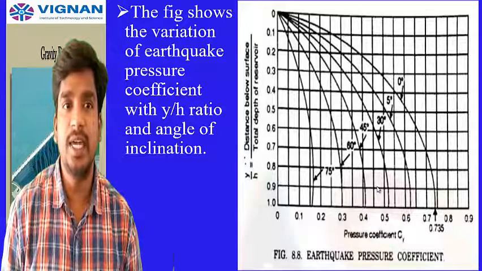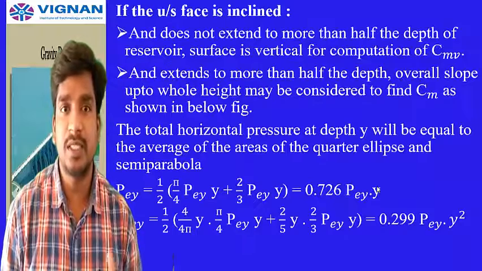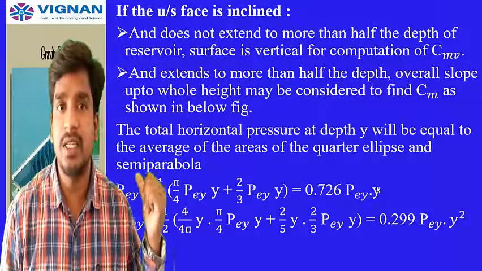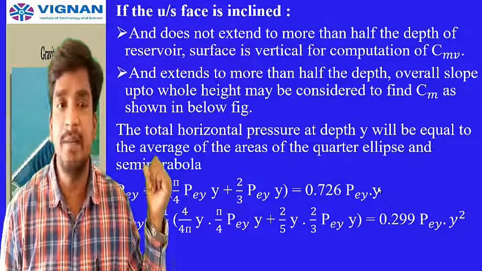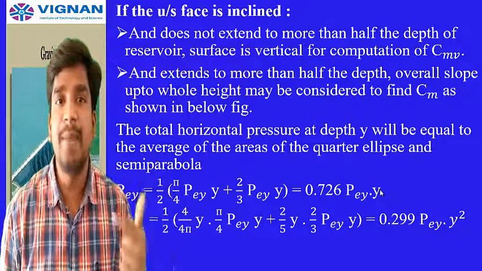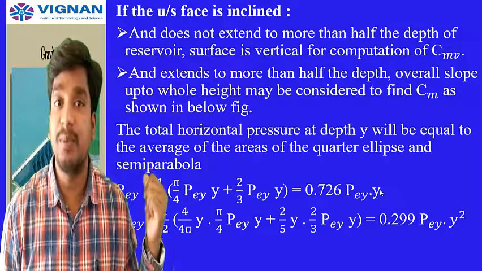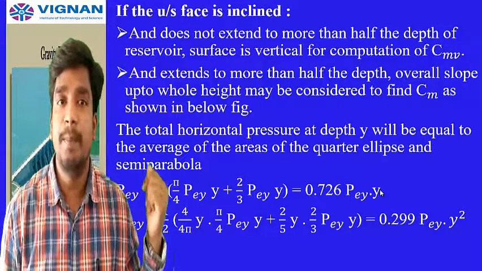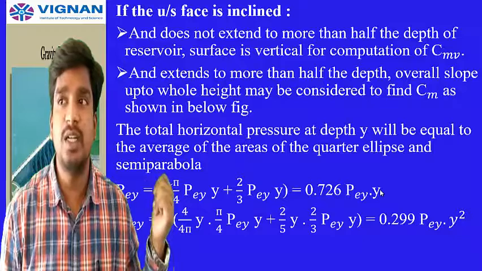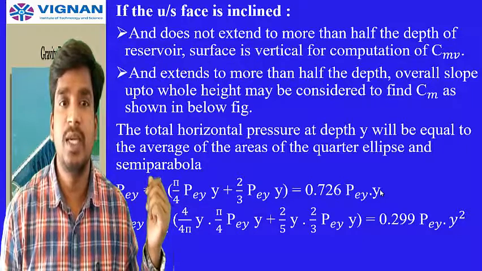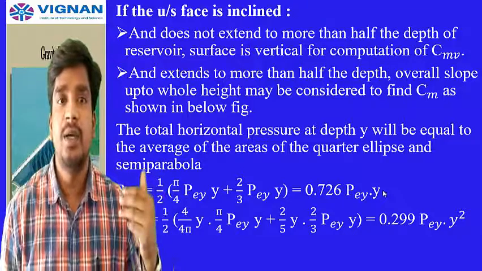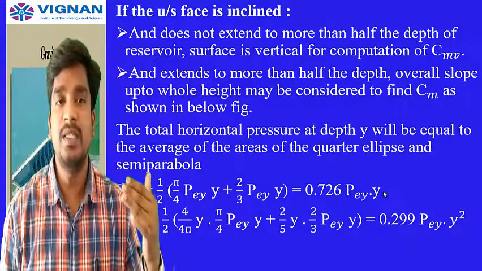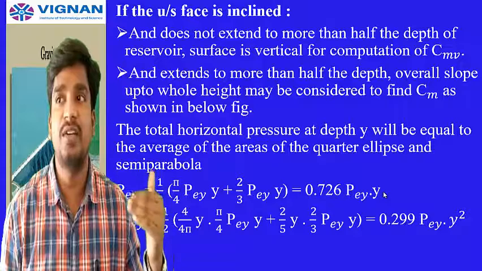In continuation of that, if the upstream surface is inclined, then what will be the impact? The upstream surface impact will be there on the material of the dam as well as the water in the dam. Suppose the inclined surface extends less than half of the height of the dam.